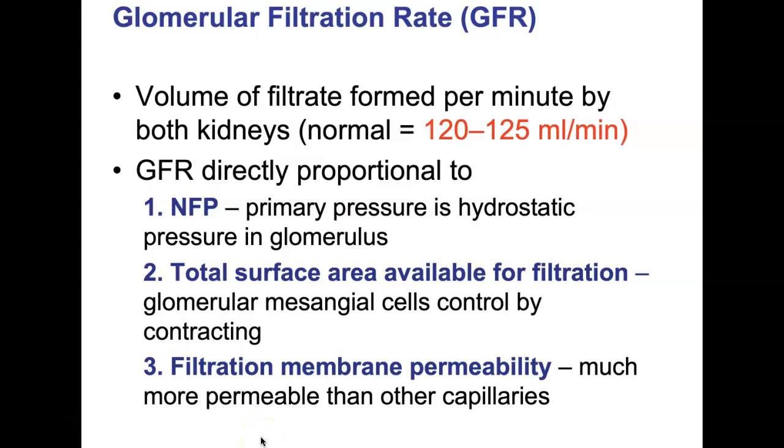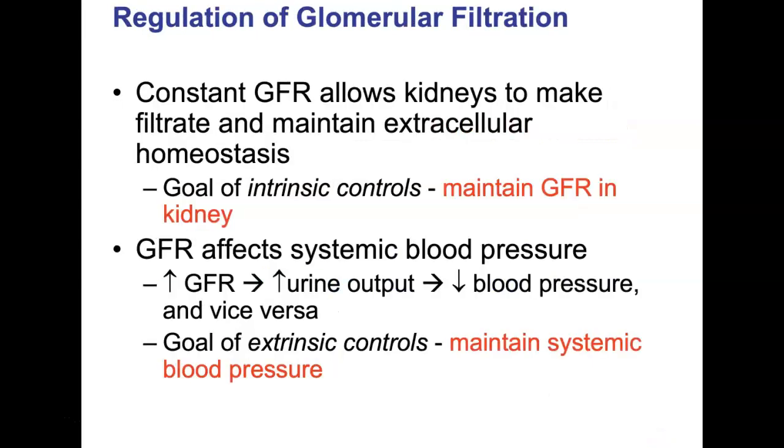There are two types of controls that your body uses in order to make sure that this glomerular filtration rate stays at the normal 120 to 125 milliliters per minute. So we're going to talk about intrinsic controls, which are renal autoregulatory, and they act locally within the kidney to maintain GFR, while the extrinsic controls are by the nervous and endocrine systems to maintain blood pressure.